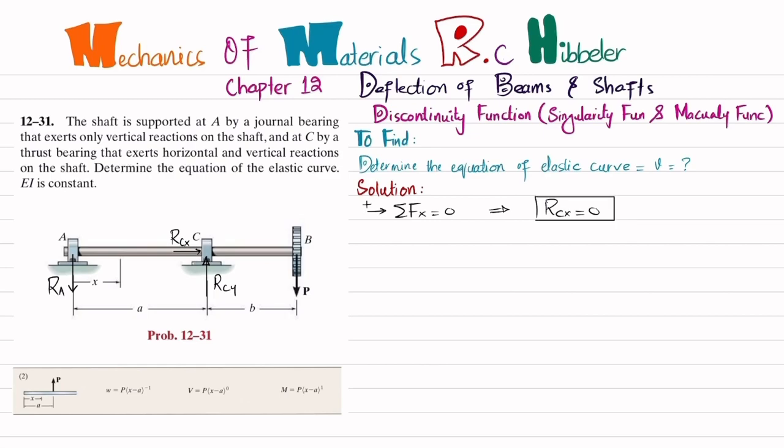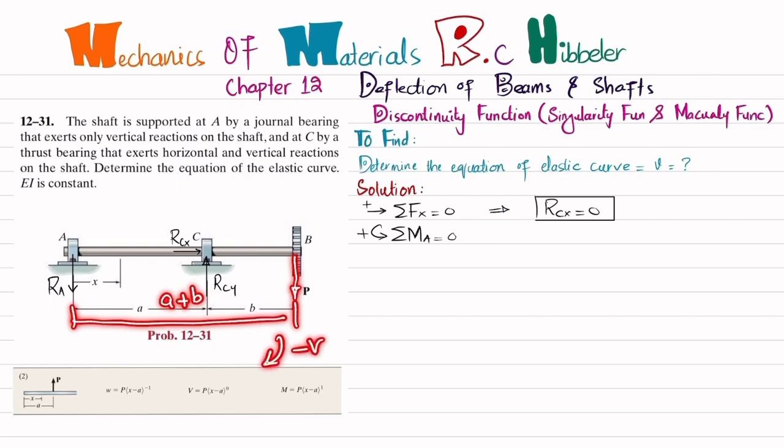Now we'll find another reaction force by using the equation of equilibrium that the sum of all moments about point A is equal to 0, taking the counterclockwise moment as positive. About point A, one moment is RCY into the perpendicular distance, which is equal to A, and this is producing counterclockwise moment, so it will be positive. The second moment is produced by force P with perpendicular distance A plus B, and this is producing clockwise moment, so it will be negative, and their sum must be equal to 0.